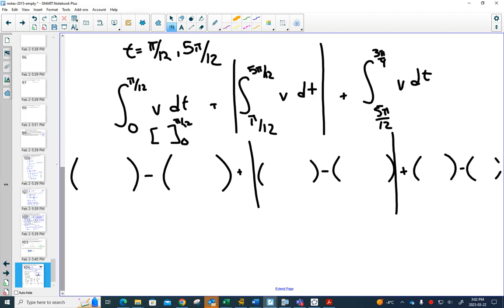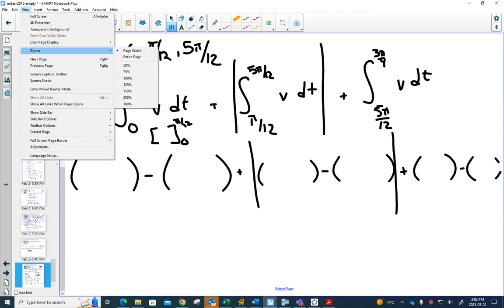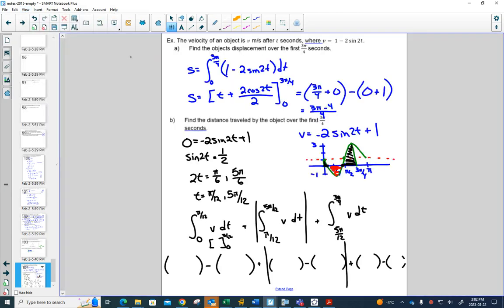So I'm doing a little bit of shorthand here, just saying, imagine we've done the integral because we have it up here already. So if I plugged in pi over 12, it would be pi over 12 here, plus cos 2t, which would be cos of pi over 6, when you plug in your pi over 12. Cos of pi over 6 from your unit circle is root 3 over 2.